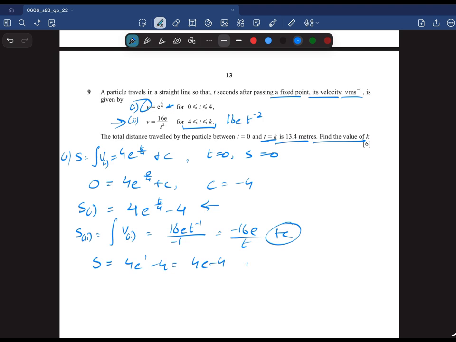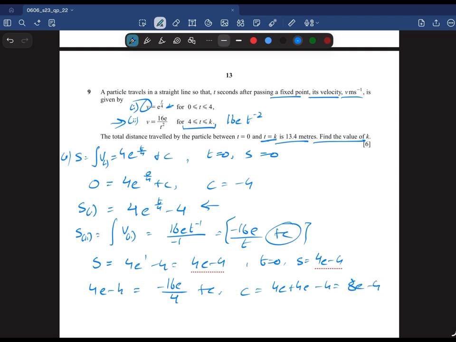That's at t is equal to 4, s is equal to 4e minus 4. So 4e minus 4 is equal to, using this equation, minus 16e upon 4 plus c. C would be equal to 4e plus 4e, because negative 16e upon 4 is negative 4e. Taking it to that side will make it positive.